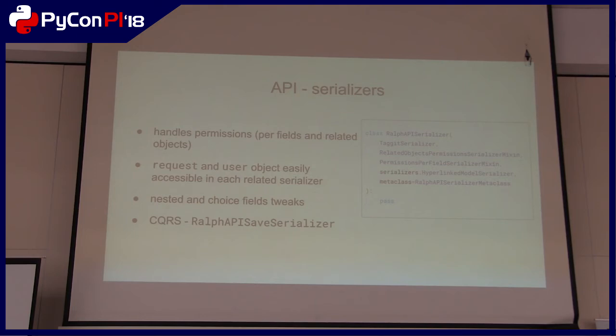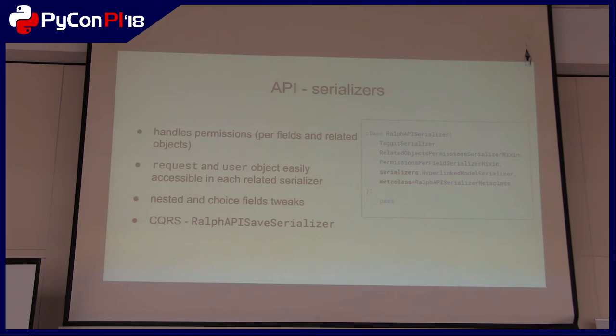So in Ralph, we extend the serializers, first of all, to handle the permissions for fields and for the related objects. Now the request and user object are accessible in the related serializer. It's not built into Django Rest Framework. We have added some tweaks in nested and choices fields, but what's most important, we've added something like CQRS.